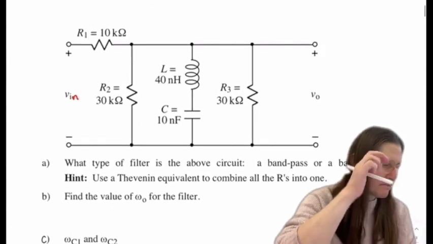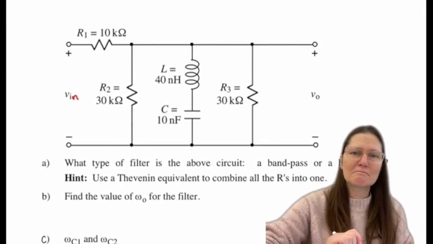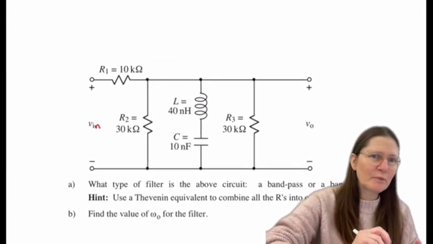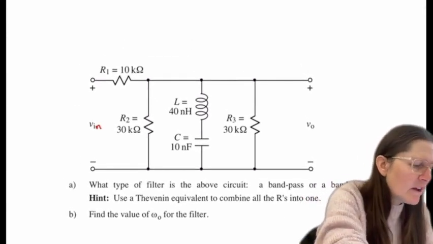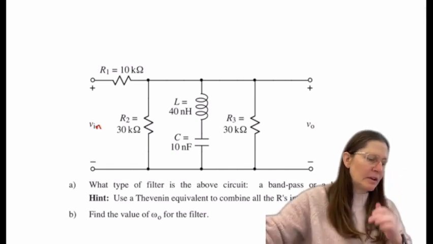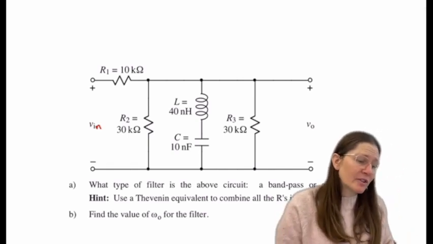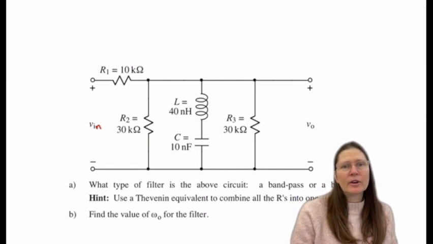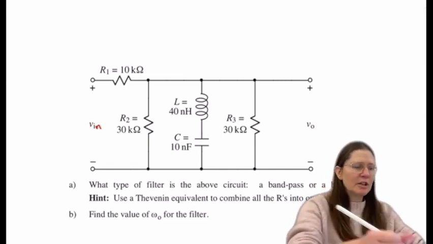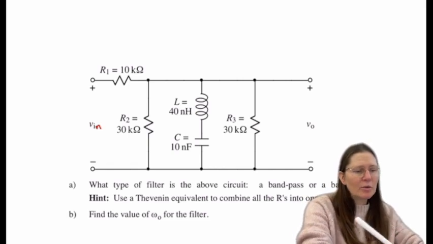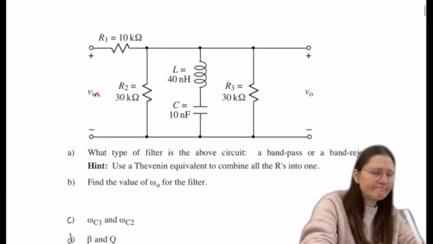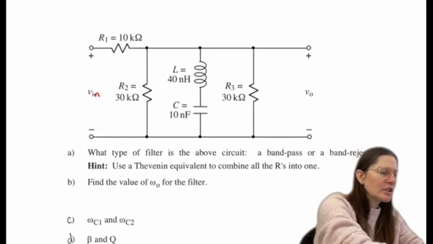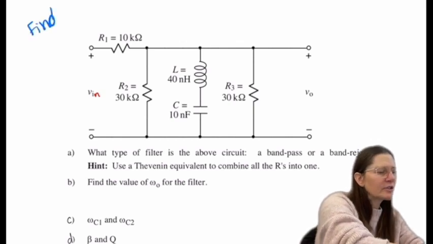So let's start with this example. So in this example, you want to figure out what type of filter that this is. So in order to find out what type of filter, you're going to plot what is called the transfer function. So you need to find the transfer function.